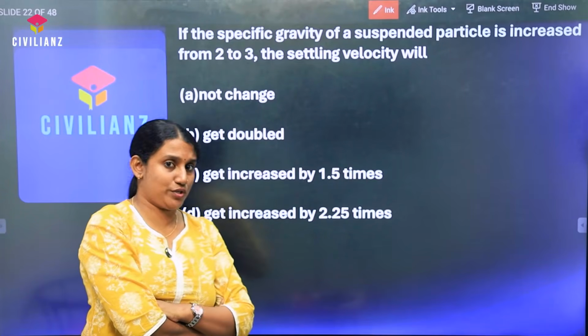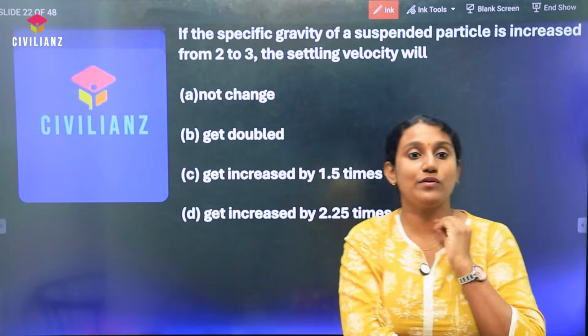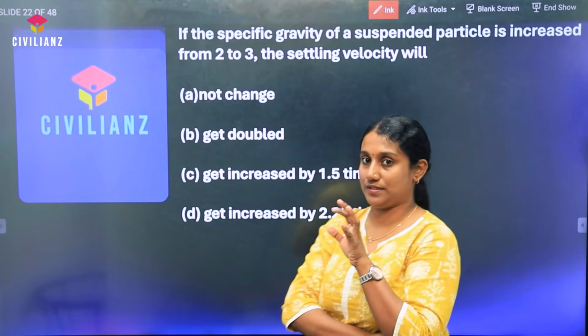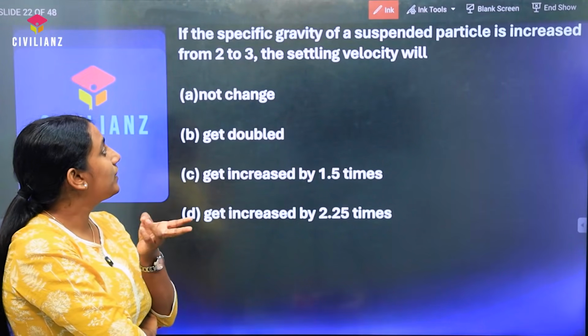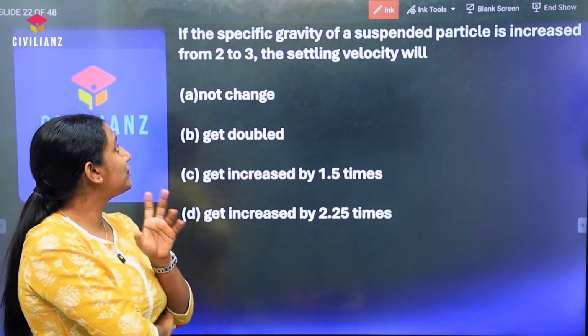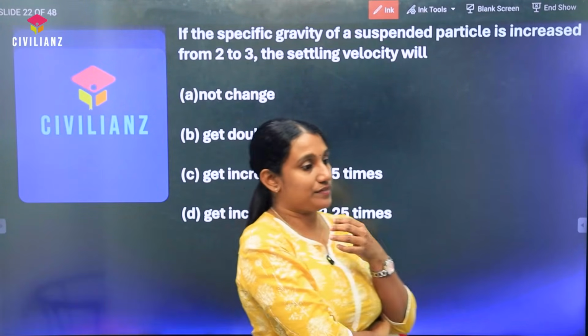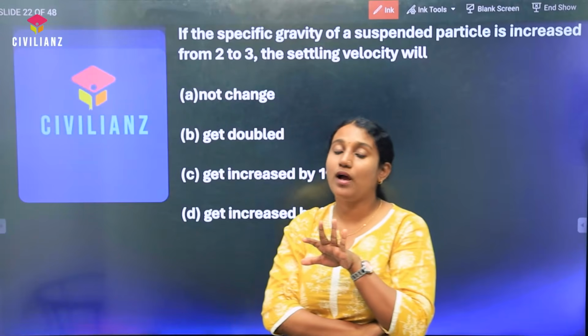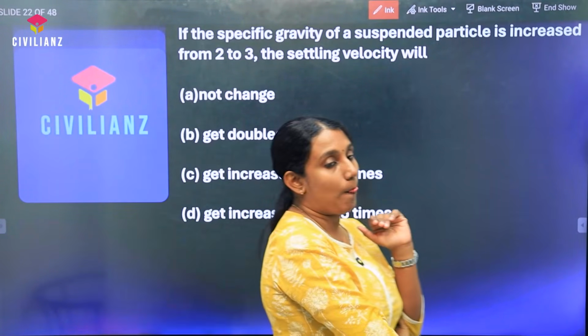Everyone knows the settling velocity equation. You can directly substitute the values into the equation and you will get the answer. First, write that equation in your notebook and substitute the values 2 and 3 for the suspended particle.